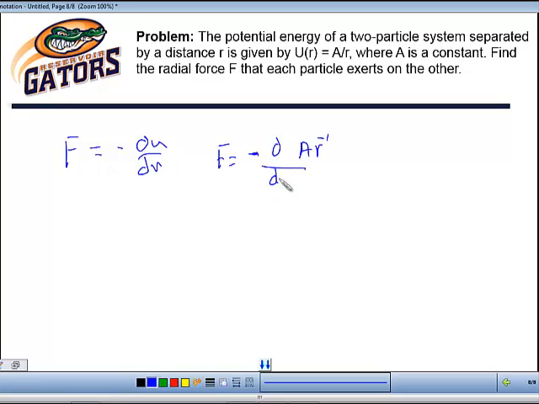From the derivative rules, this becomes negative 1 times A r to the minus 2, and that's our function with the minus sign in front. So it becomes A r to the minus 2 or A over r squared.